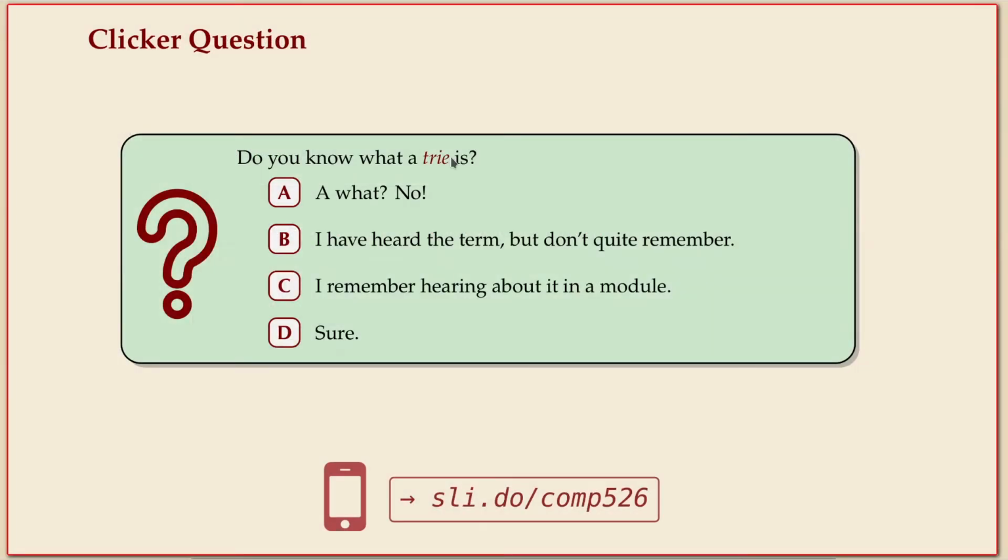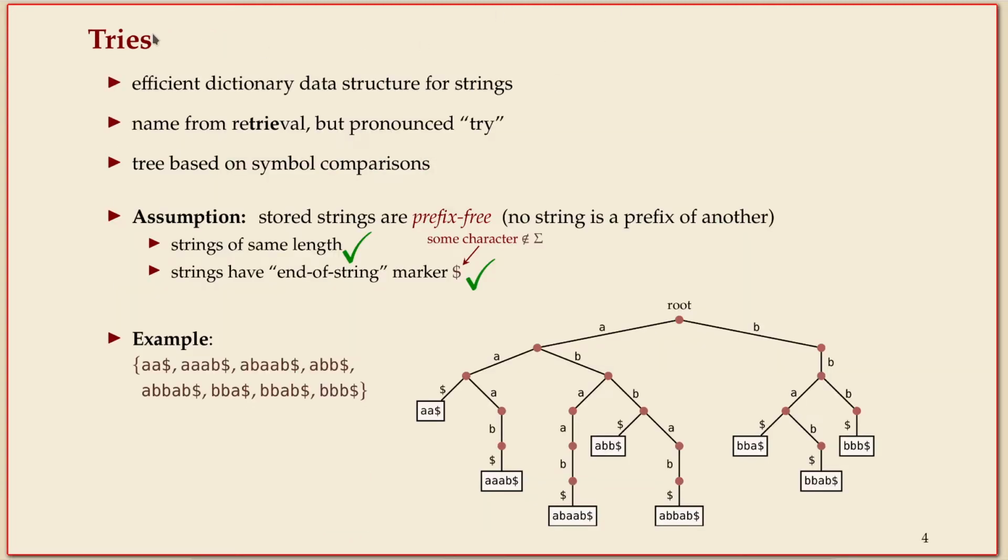So why don't we stop with the binary search tree? Log n is not too bad, but we will be able to do better. And the reason we can do better in this case is that we have a specific type of key. We have strings as keys, the words. And so we can exploit that this type of key is special to speed up the searches.